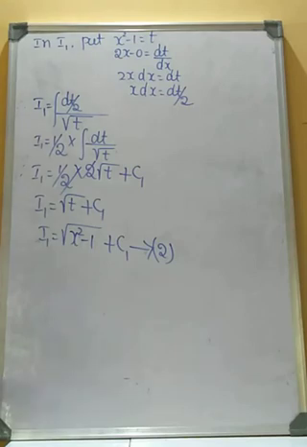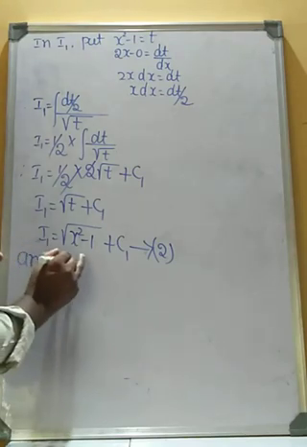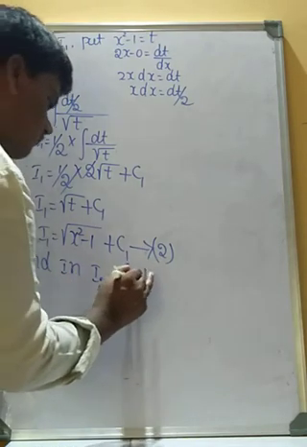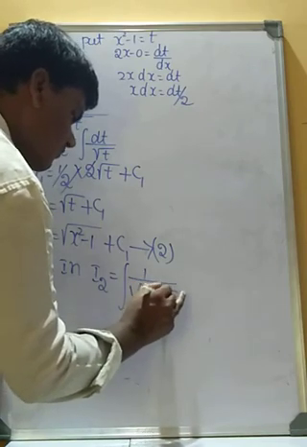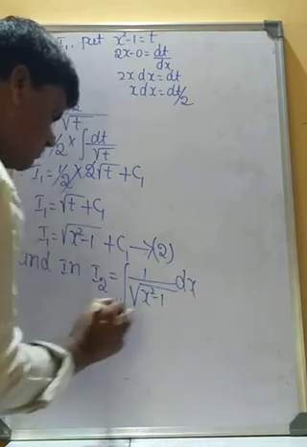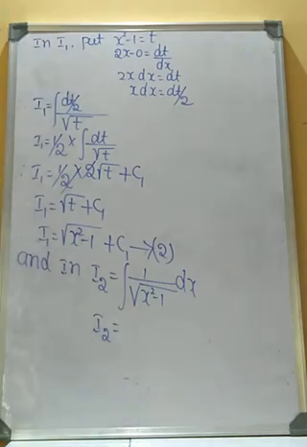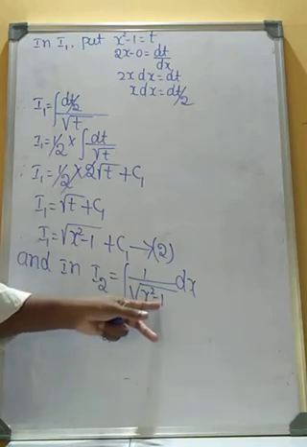And in I2, that is the integral of 1 divided by root of x square minus 1 into dx. Therefore, we can write directly the formula for 1 divided by root of x square minus a square.